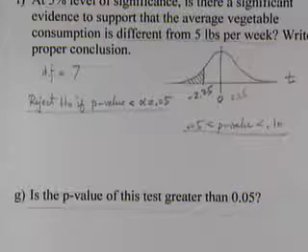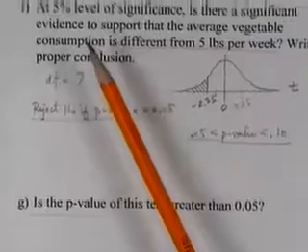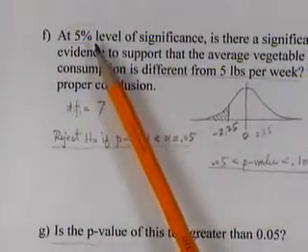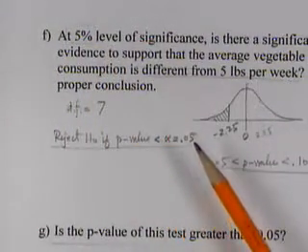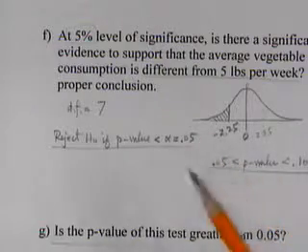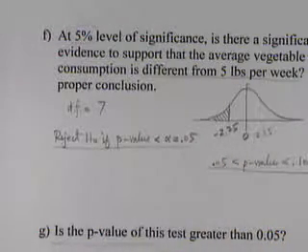You will reject the null hypothesis. How small is small enough? If it's smaller than the level of significance that you specify for the test, in this problem we use 0.05. So if your p-value is less than 0.05, you're going to reject the null hypothesis. Otherwise, the p-value is probably not small enough for you to reject the null hypothesis.